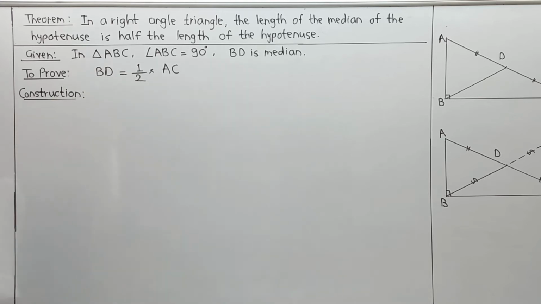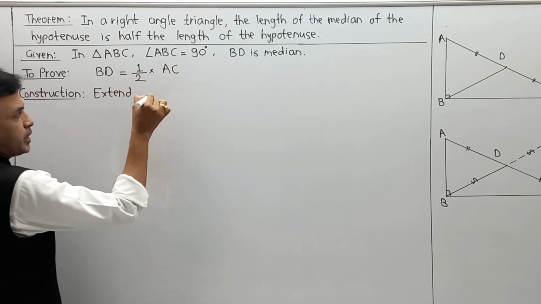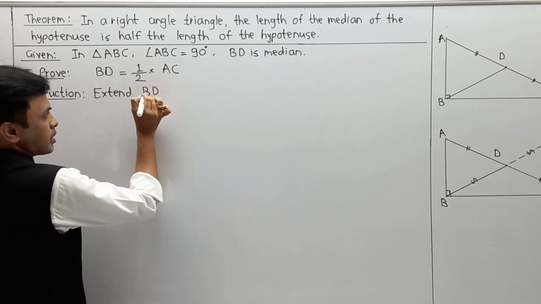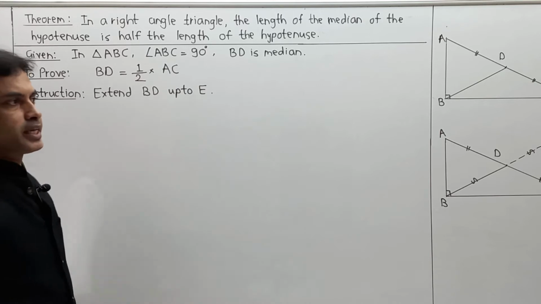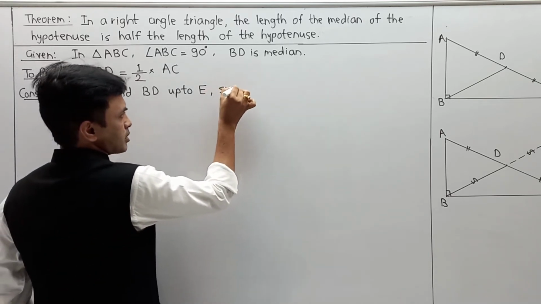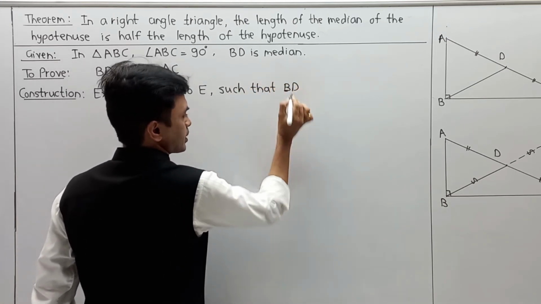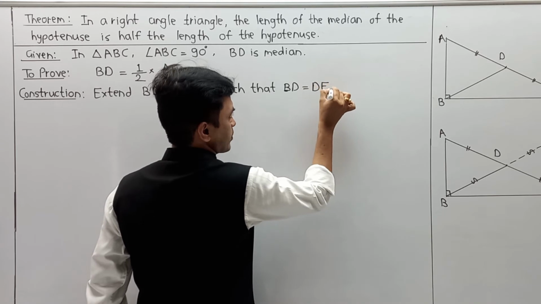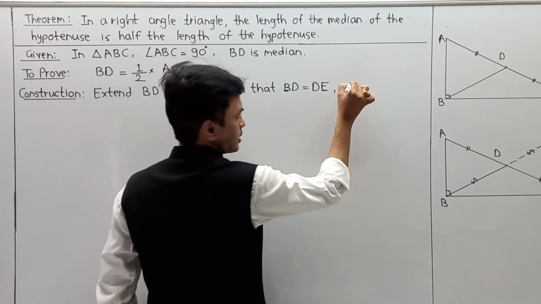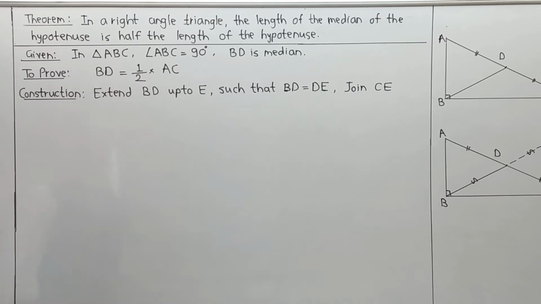Here in construction, first we have extended BD up to E. So the part is: extend BD up to E such that BD is equal to ED, or DE, and then join CE, and in this way we have completed the construction.